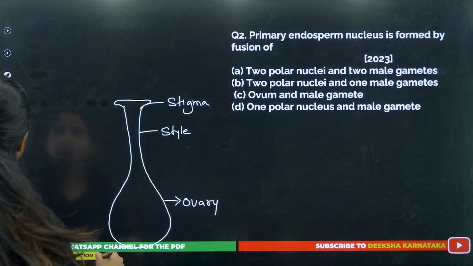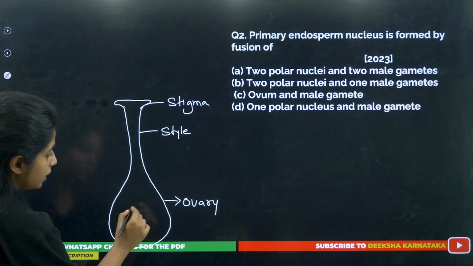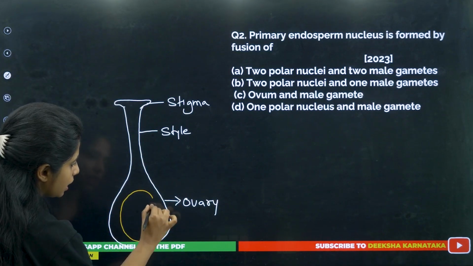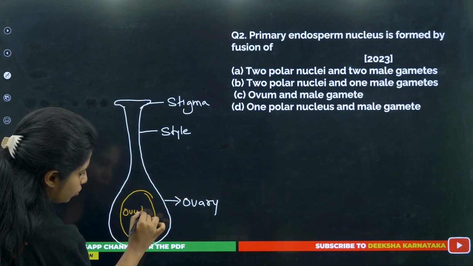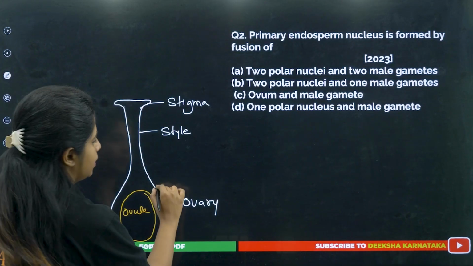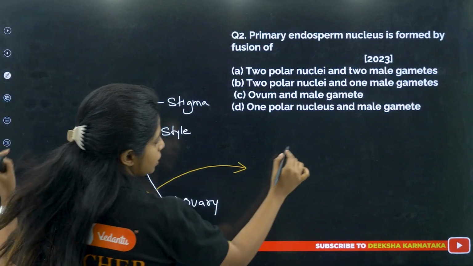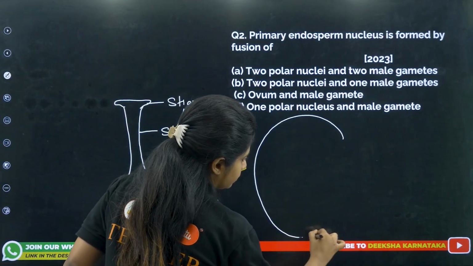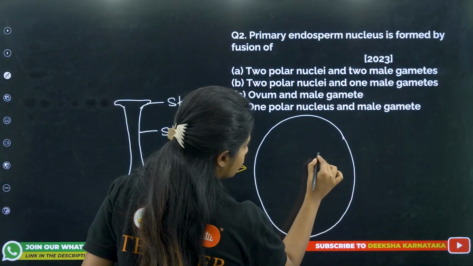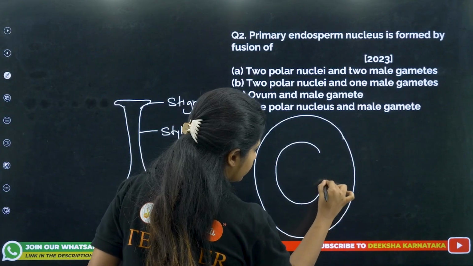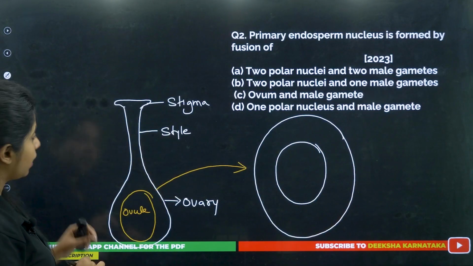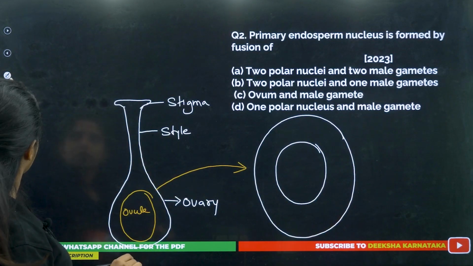Now, in the ovary, you have something that is known as ovule. Now, I am going to draw it separately. So, this is your ovary, children. Inside the ovary, you have the ovule. This is the ovule.